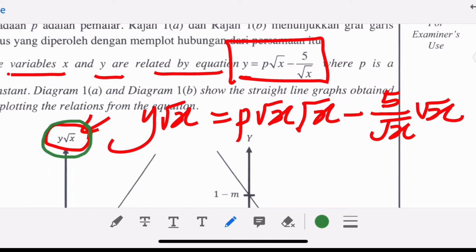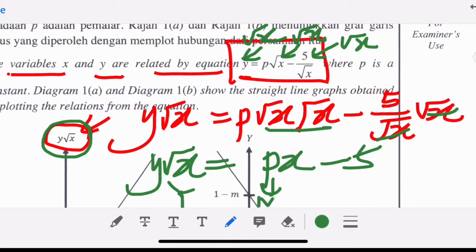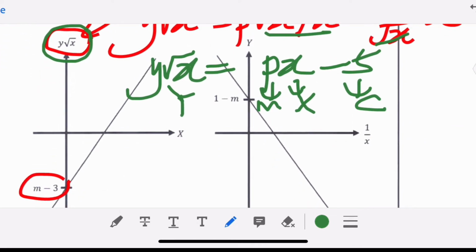So you go to the y here. Every term you times the square root x, square root x, square root x. Got it? Then you simplify until y equals mx plus c. So these two become px, and this one cancels out. That means this is a big Y, this is the gradient, this is a big X, and this is the C. So the C here should be -5, isn't it?